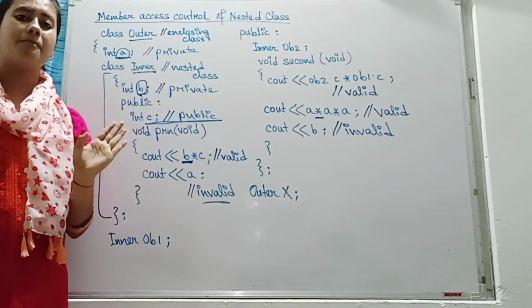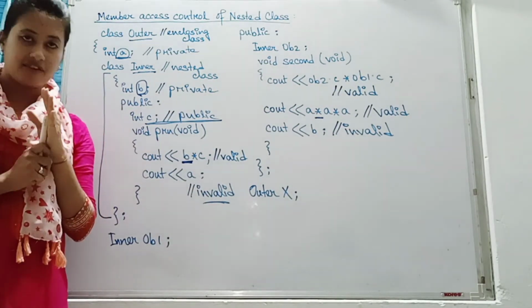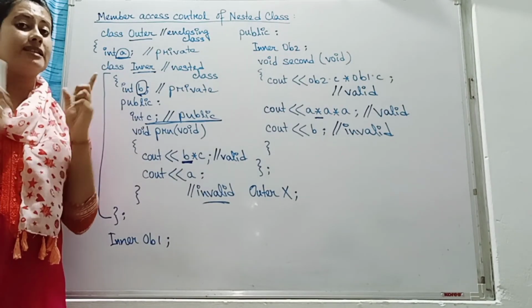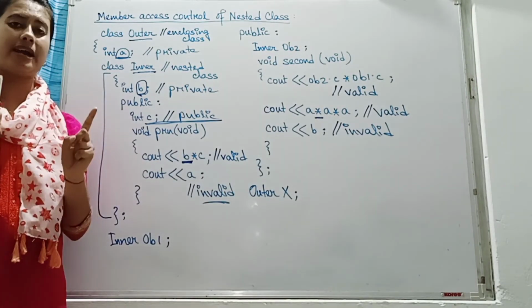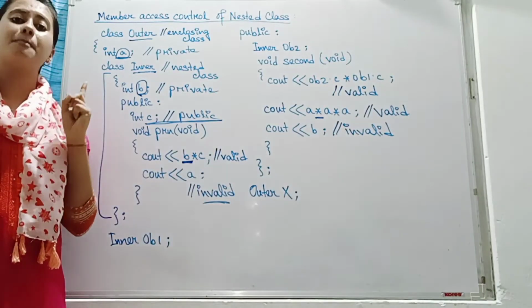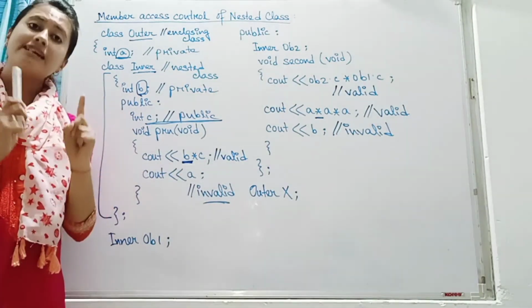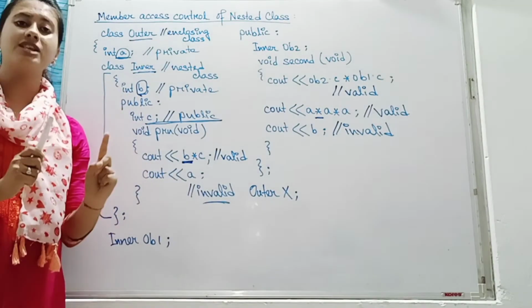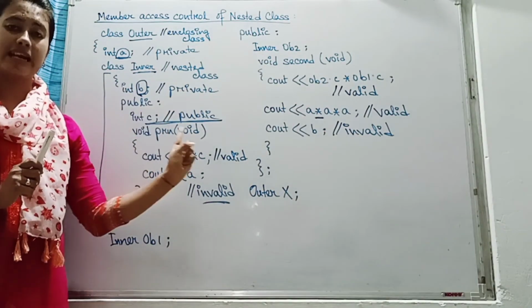So remember that whenever you are accessing a private member, you must keep in mind where you are accessing it. That access should be in the class only in which the private member is declared.